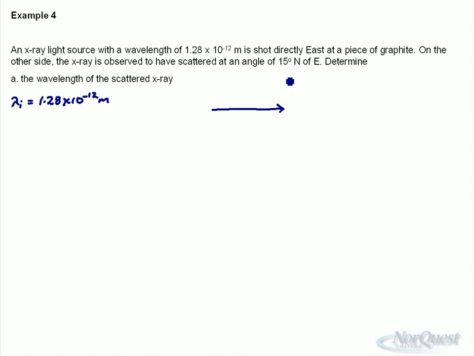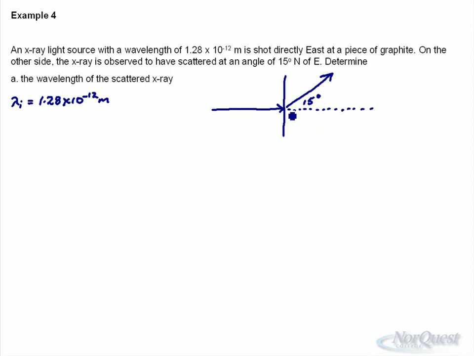It hits an object, traveling directly east initially. On the other side, the ray appears to scatter. I'm going to draw a little dashed line at an angle of 15 degrees north of east. So there's my angle, and there's my X-ray after.